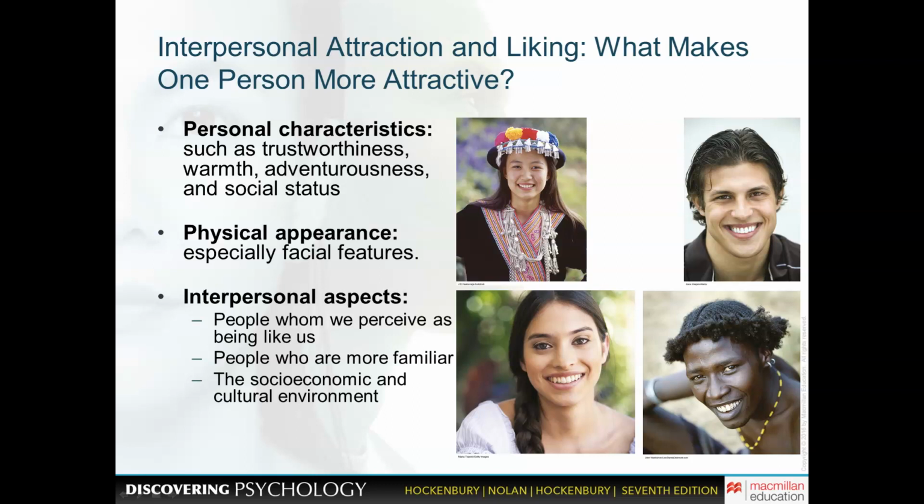So things like, we tend to be attracted to people who are a lot like ourselves, perceived as being like us, who have similar values and certain behavioral aspects, things like that. Okay? Or people who are more familiar, people we tend to see on a regular basis, and like, oh yeah, I know this person.